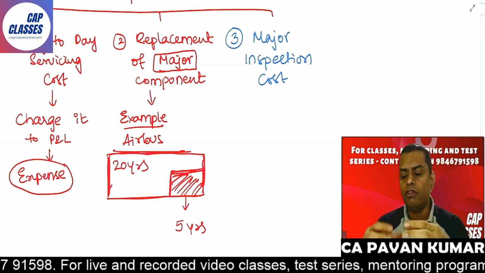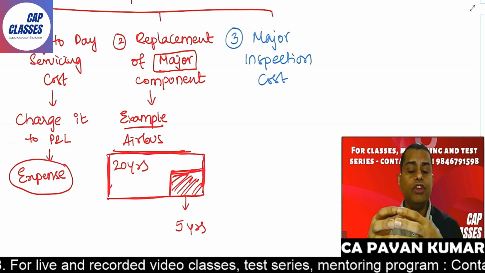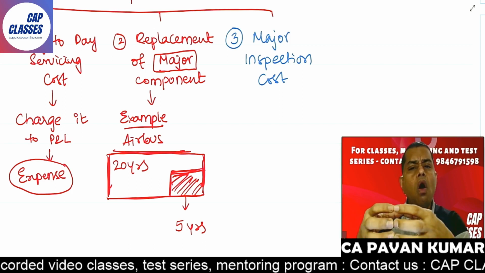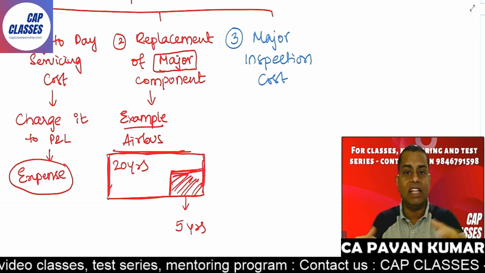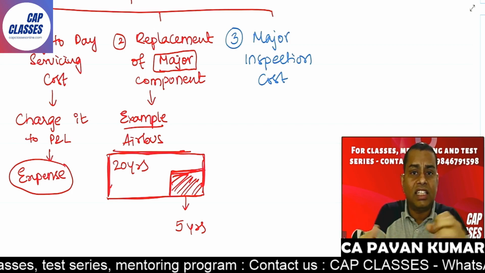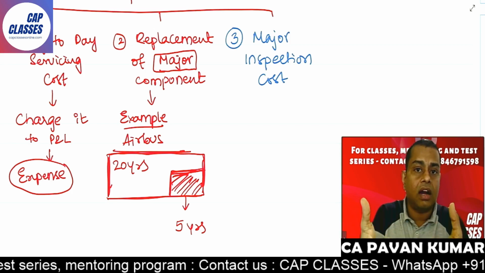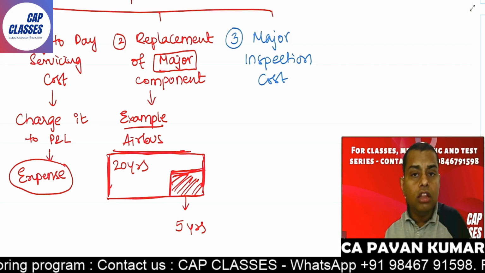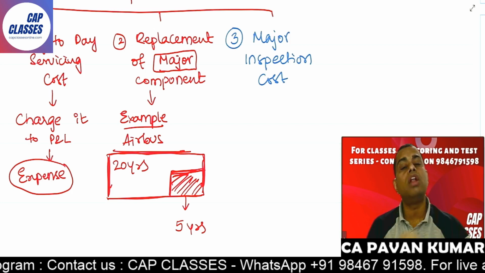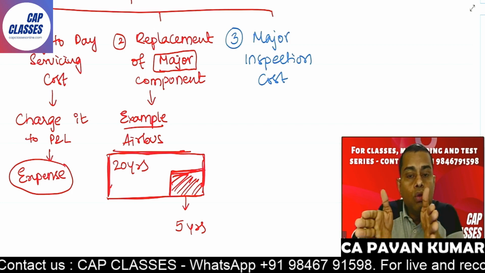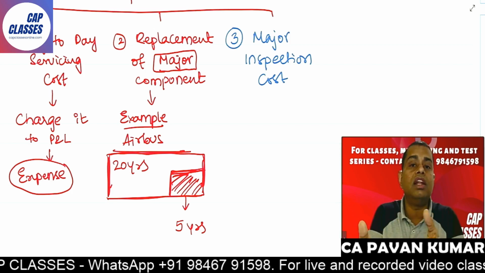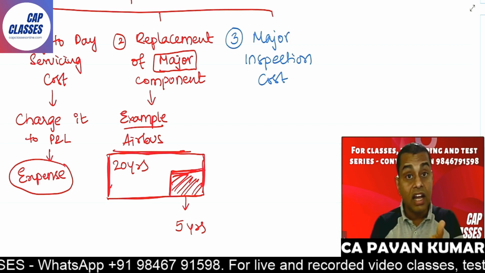Overhaulage means, say for example you have a car, all the components, spare parts and accessories are assembled into a car. You disassemble it. You remove all the components into a completely knocked down condition. So if 2000 items are assembled into a car, you remove all 2000 items. You cannot even recognize that this is your asset.